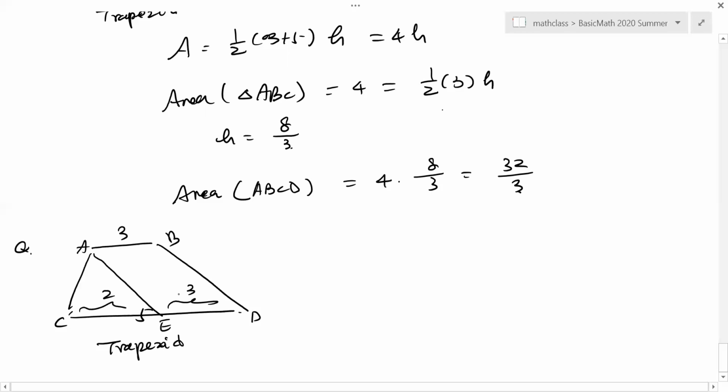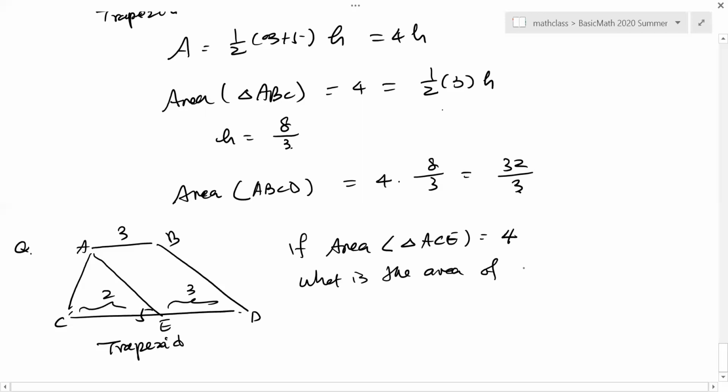What I'm given is the area of the triangle. If the area of the triangle ACE is going to be 4, so what is the area of the trapezoid?